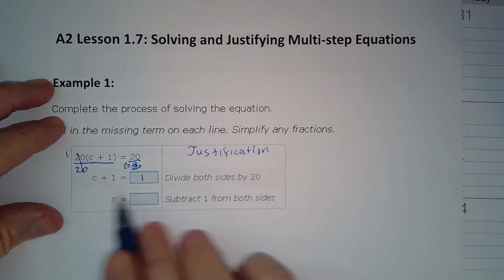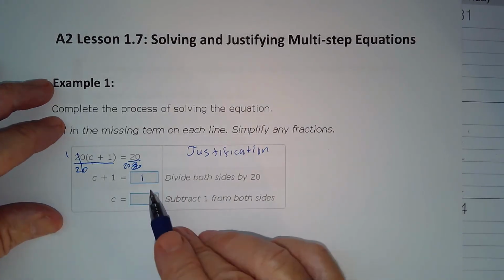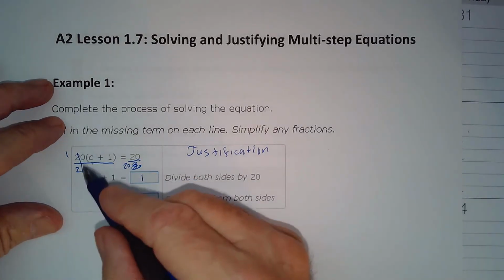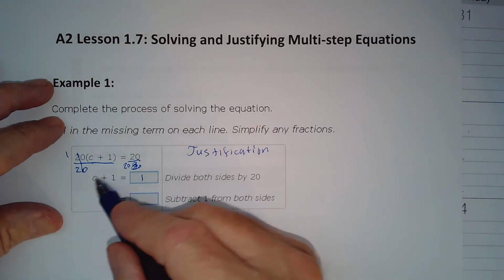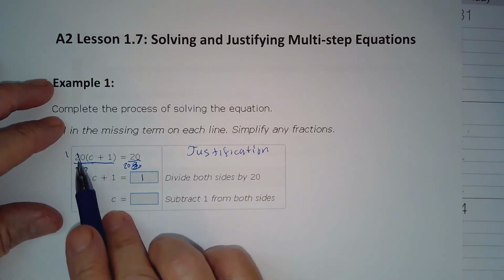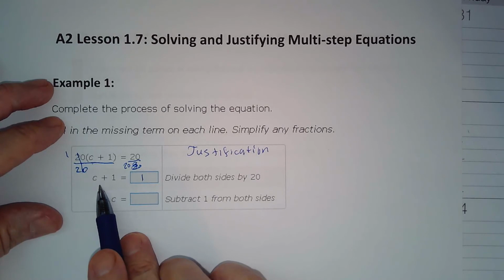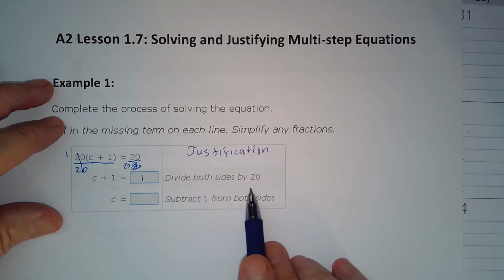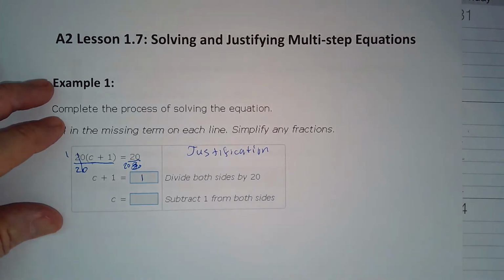If I divide both sides by 20, 20 divided by 20 is 1. And I divided this side over here by 20, and I have c plus 1 left. So this is 1 times c plus 1, that's c plus 1. This is 20 divided by 20, which is 1. That's what happens when I divide both sides by 20.